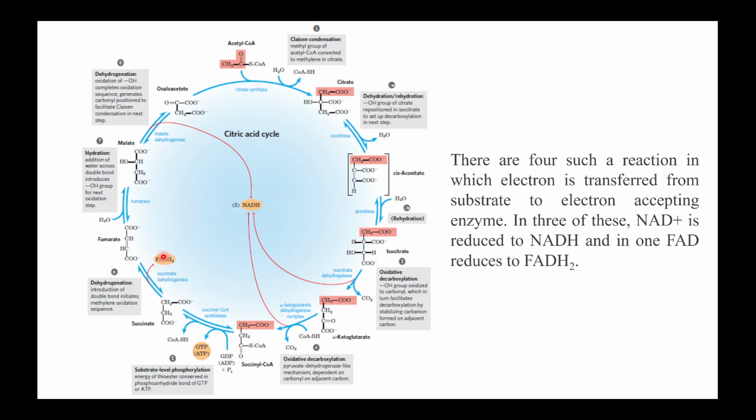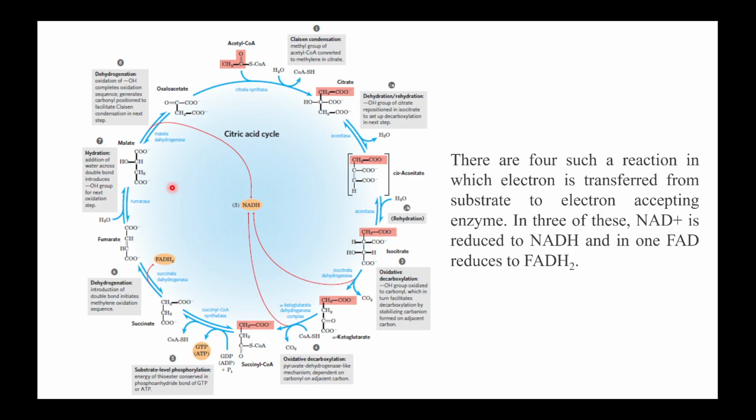The electrons from FADH2 are then transferred to coenzyme Q by this enzyme, succinate dehydrogenase. So this is complex 2, which is a part of the citric acid cycle. Now the third electron carrying molecule is released.